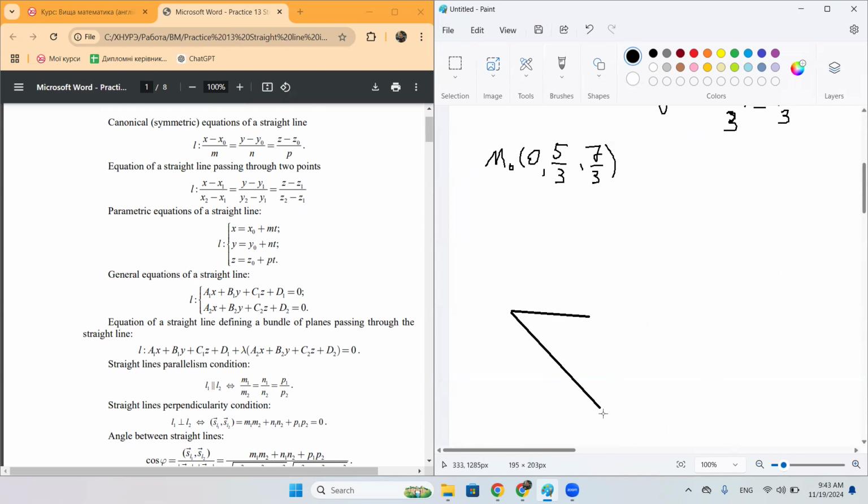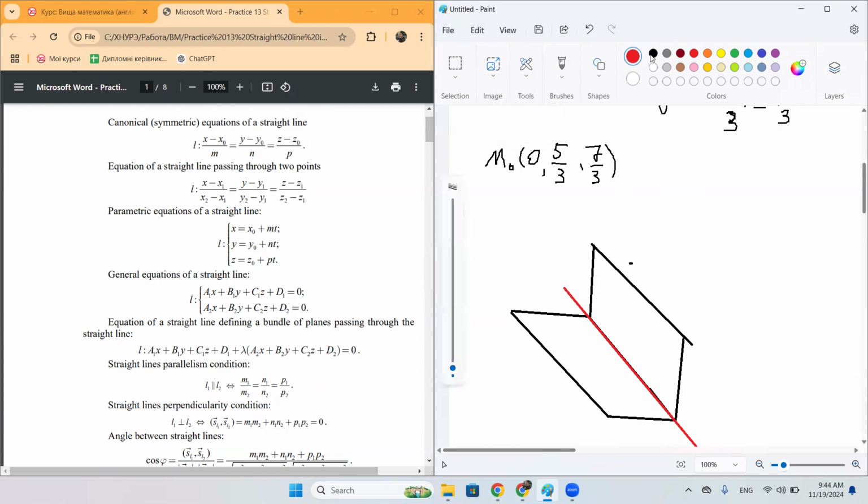So I will draw two planes that are intersecting. So this is the plane P1, P2.